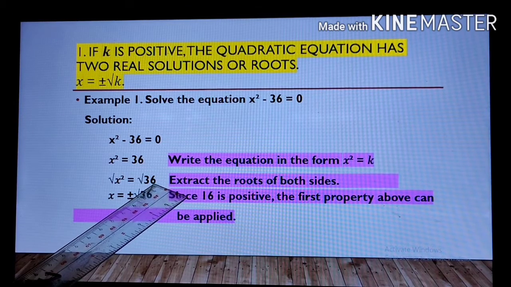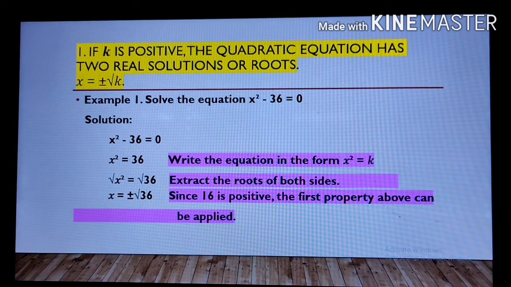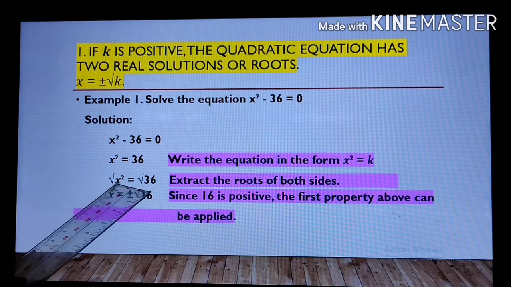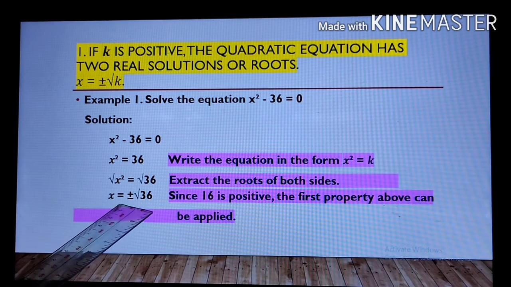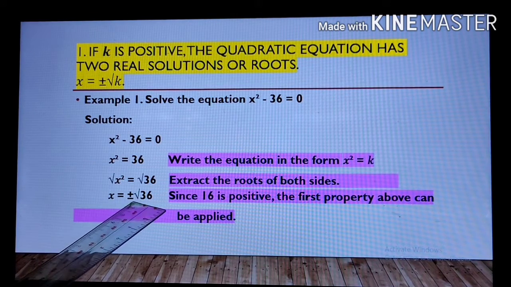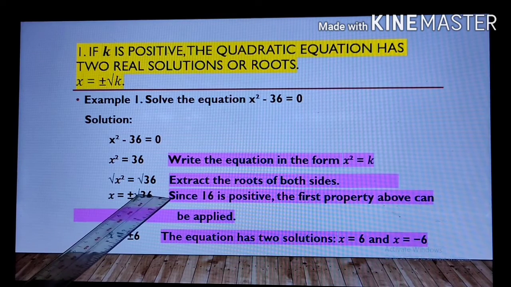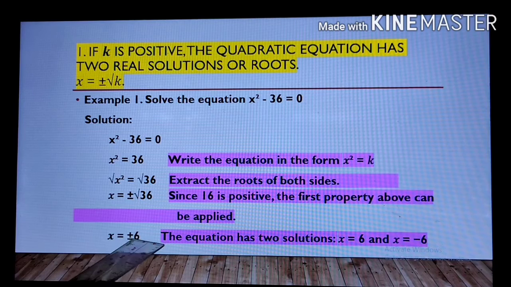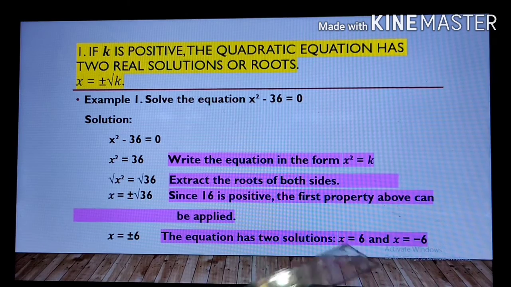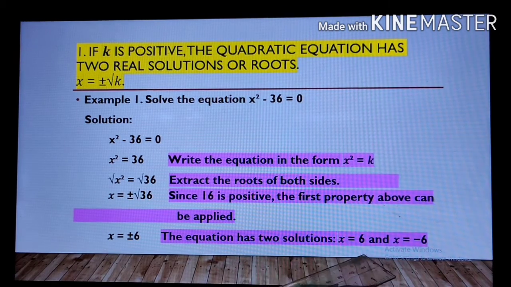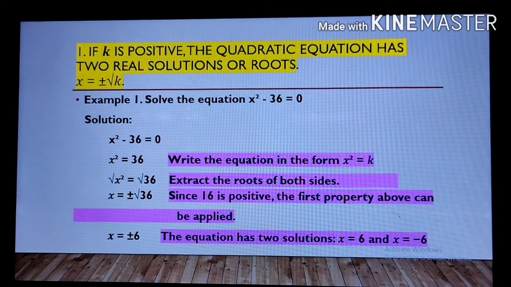So we can apply property number 1. So, square root of x squared is x is equal to plus or minus square root of 36. So, the square root of 36 is 6. So, plus or minus 6. Therefore, the equation has two solutions. x is equal to 6 and x is equal to negative 6.